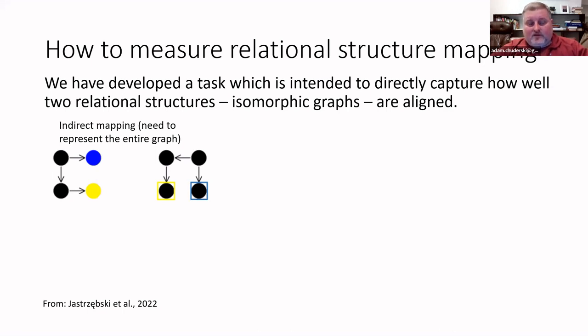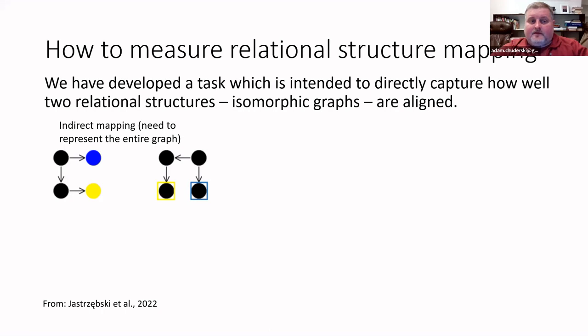So on the left side, a graph was presented with 1 node highlighted in yellow and 1 in blue. And on the right side, there was another graph presented without these yellow and blue boxes, so participants didn't see it.